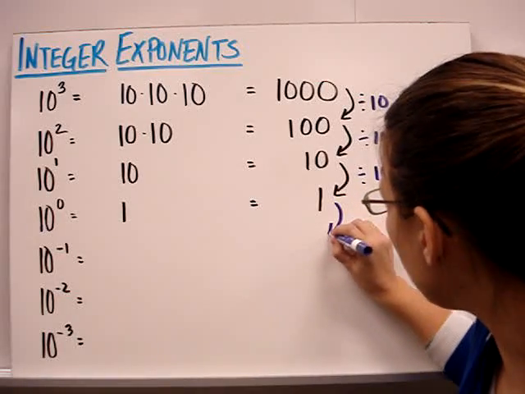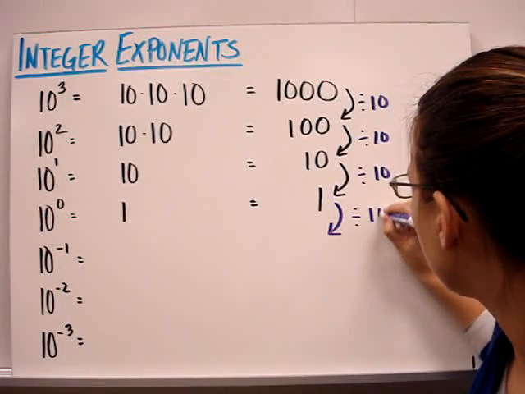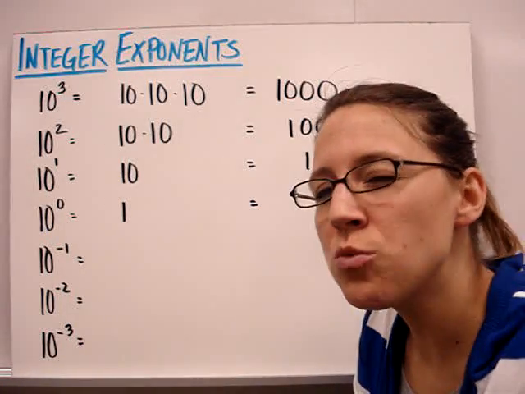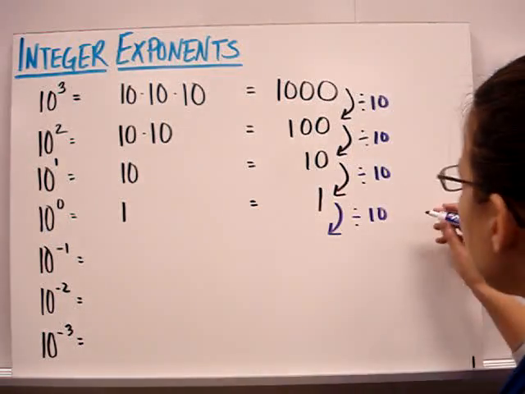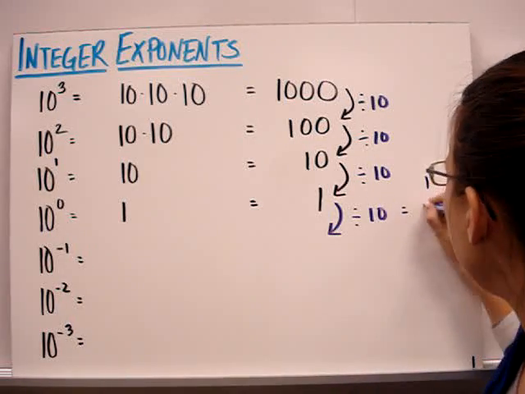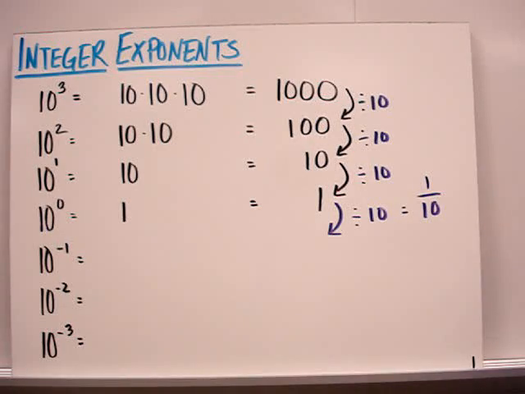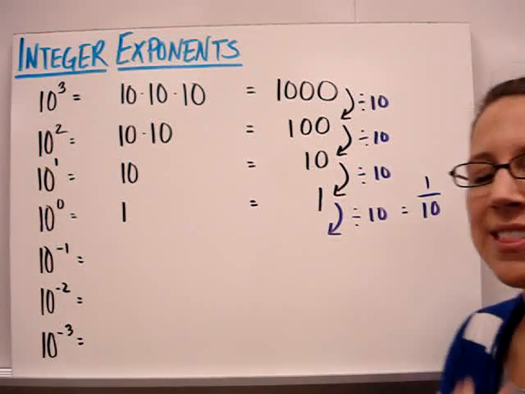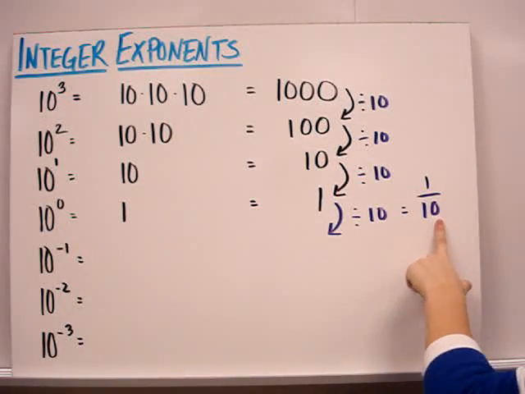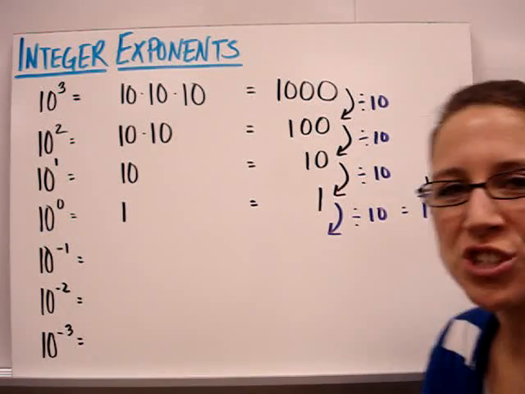So if I continue with this pattern, 1 divided by 10, I can write that in a few ways. 1 divided by 10, well, this looks like a fraction, right?